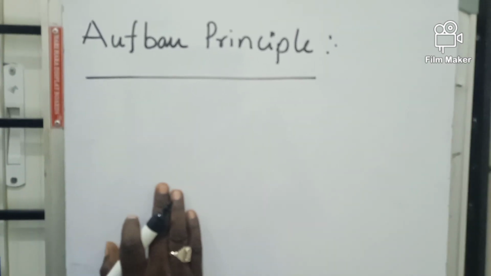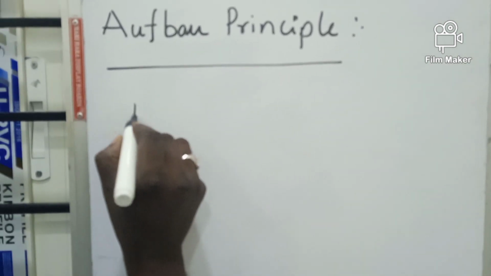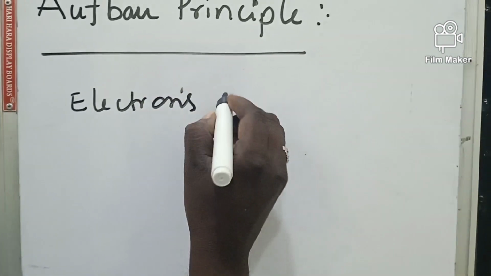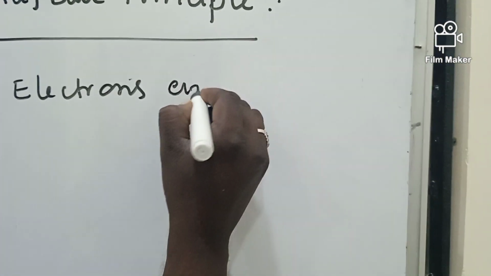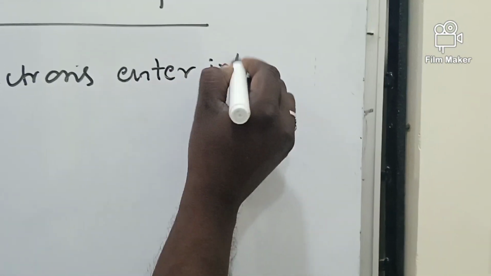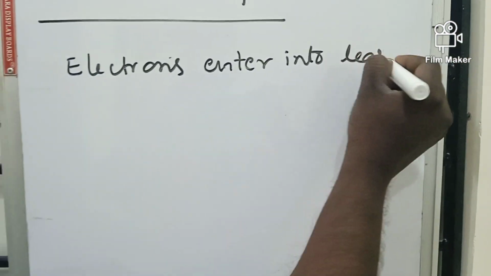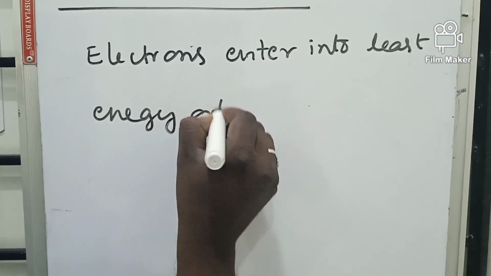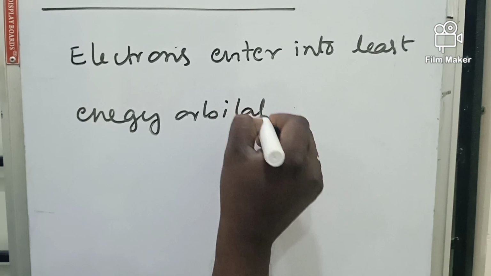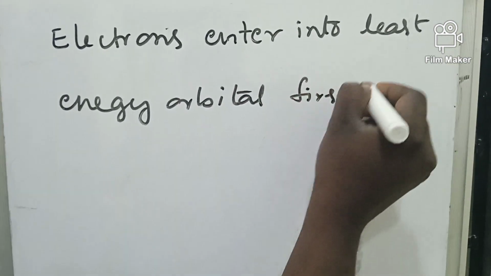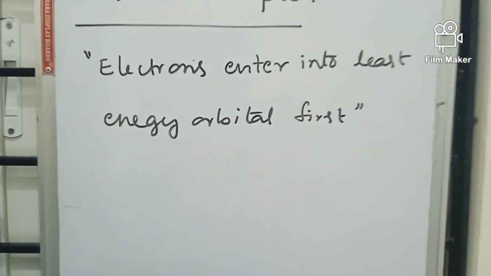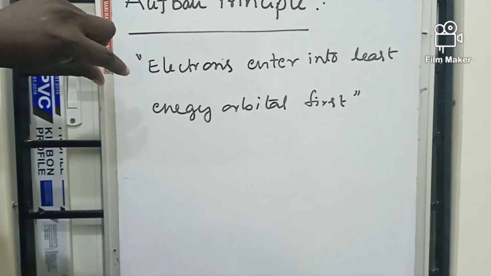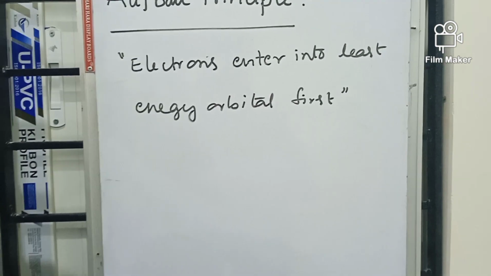This principle tells that electrons enter into least energy orbital first. This is the shortest definition you can read in any book. Electrons enter into least energy orbital first.